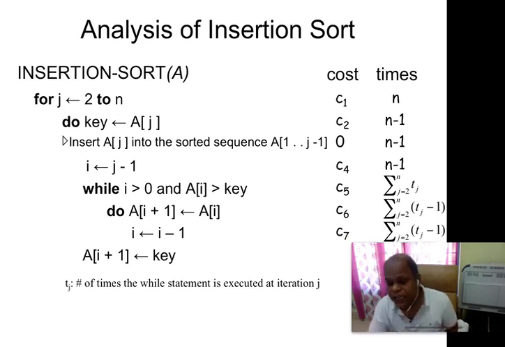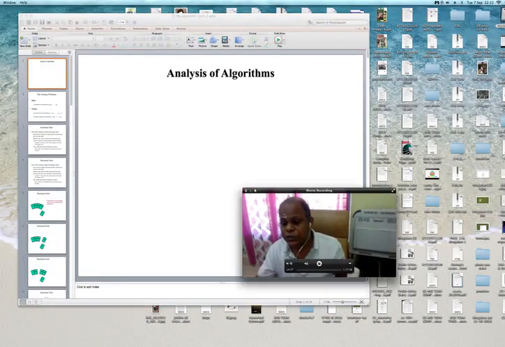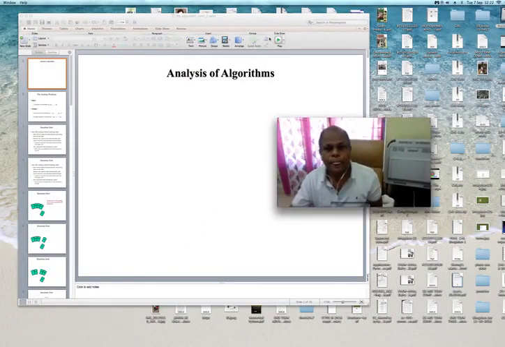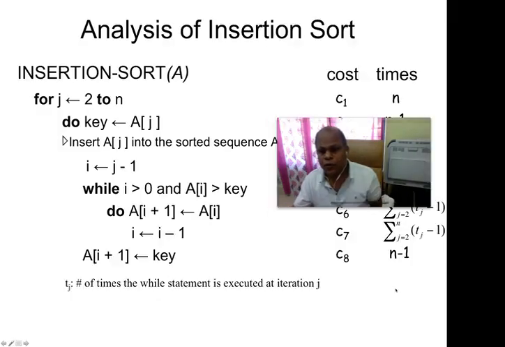Similarly, for the next case, c7 times the summation of tj minus 1, j equal to 2 to n. And in the last case, c8, how many times will it run? It is outside the while loop, and because it is inside the for loop, it will run n minus 1 times. Okay.